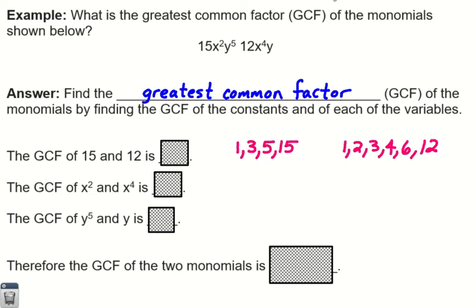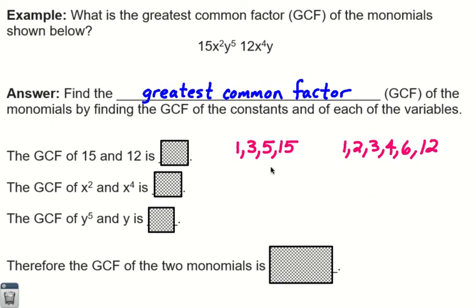That doesn't really make any sense, because when you talk about the greatest common factor, you need to say what's the GCF of 15 and 12, because you need a couple different numbers to compare their factors. GCF literally means what's the largest factor that 15 and 12 have in common?